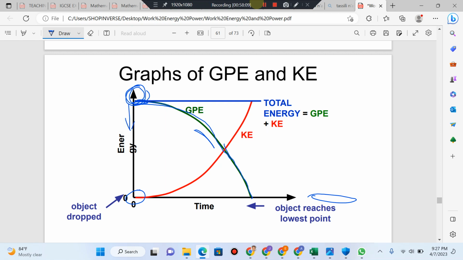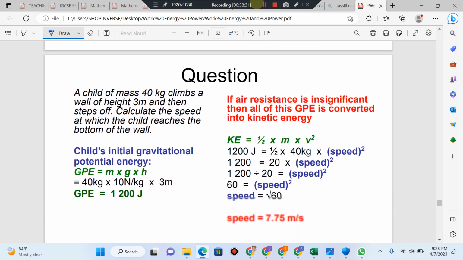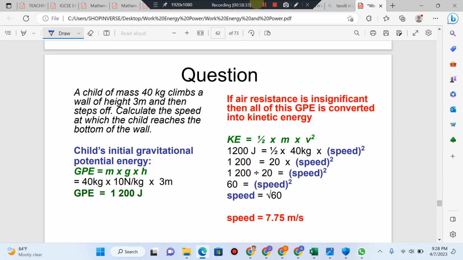Once it starts falling, gravitational potential energy begins to reduce while kinetic energy begins to increase, till the body is about to land. When it's about to land, its kinetic energy will be maximum, while the gravitational potential energy will be zero.